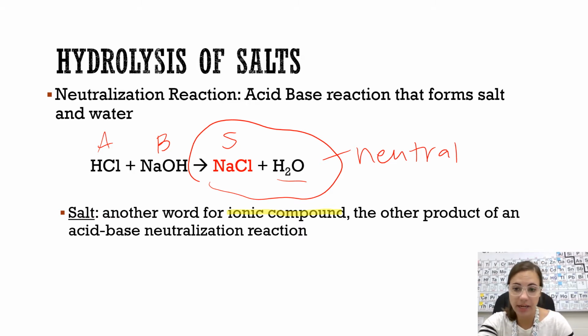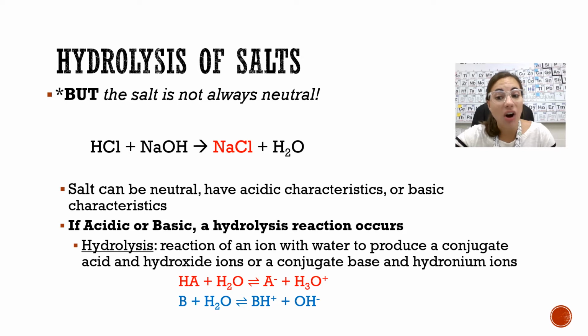The acid and the base that don't have neutral pHs react together to form something with a neutral pH. However, it isn't always neutral. Salts can be neutral, like in the case of sodium chloride, but they can also be acidic or basic.